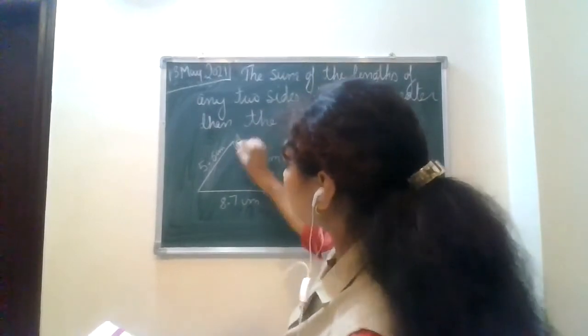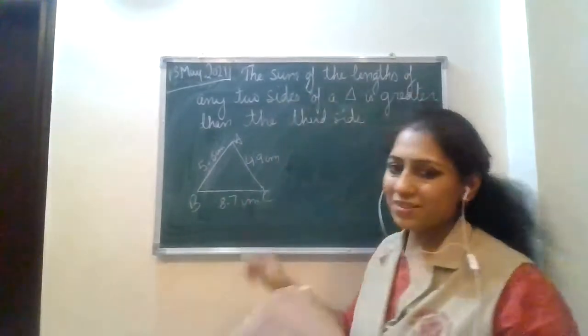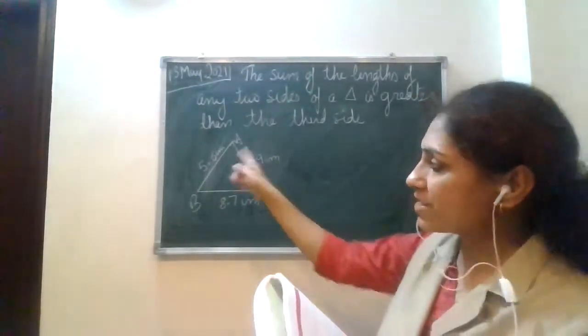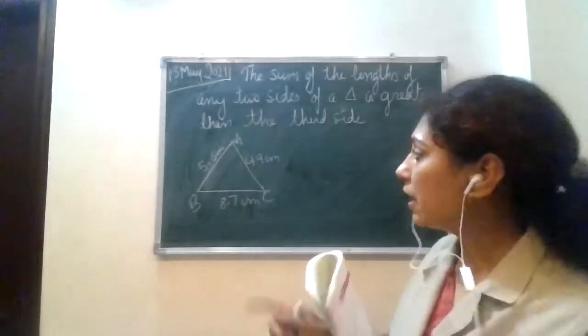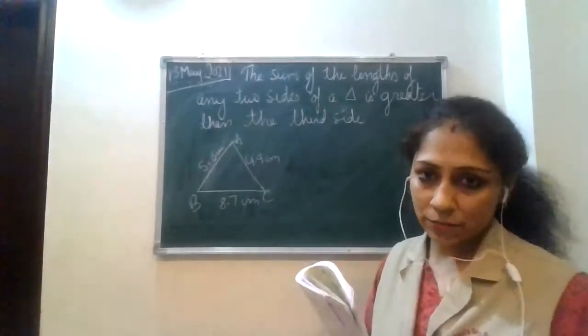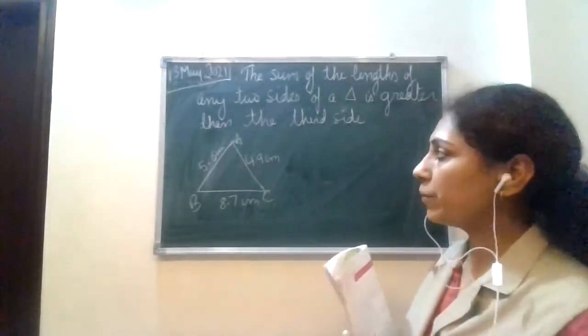This is the triangle I have made. The base is 8.7 centimeter, one side is 5.6 centimeter and the other side is 4.9 centimeter. This measurement I have taken.